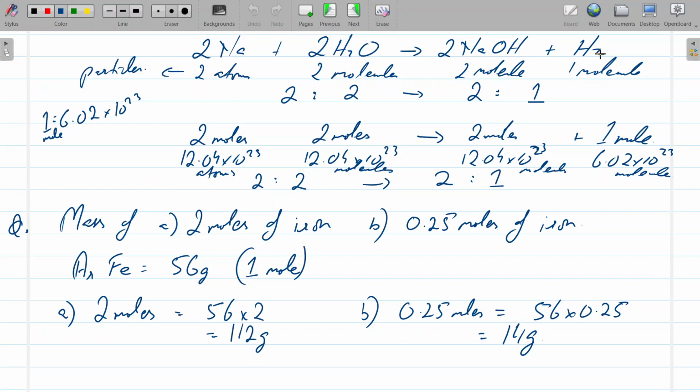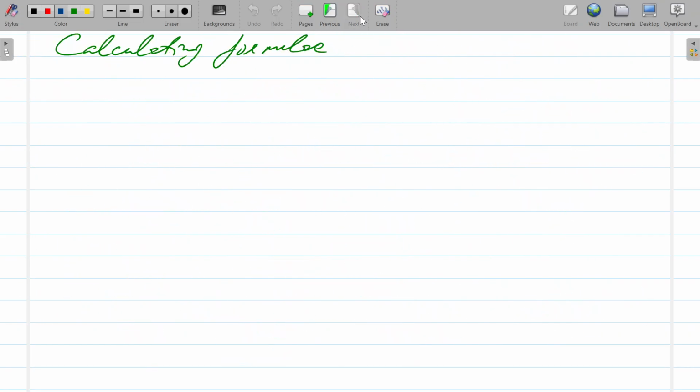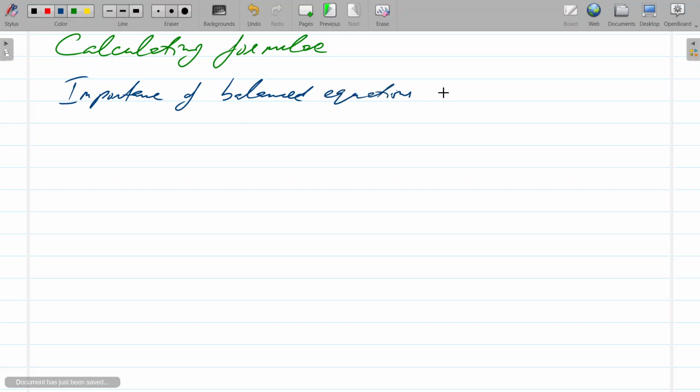And so this tells you the importance of a balanced equation. So all the balancing that we've been practicing, have we not? So the importance of balanced equations and correct chemical formulas.